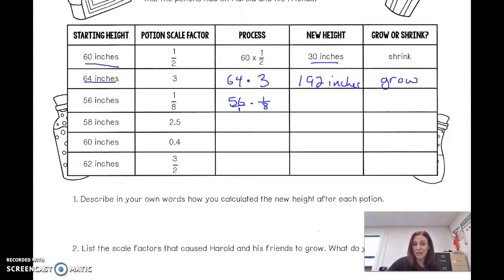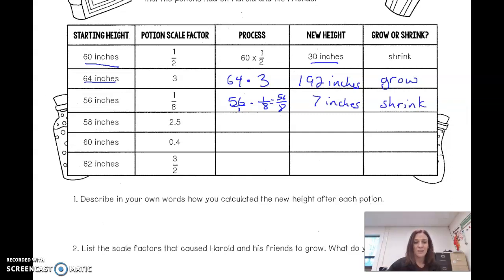Remember to multiply. We can put a 1 underneath, and that actually ends up being 56 divided by 8. Multiplying by 1/8 is the same thing as dividing by 8. So what is 1/8 of 56, or 56 divided by 8? 7. Well, this person definitely shrank. So we're going to put shrink here.